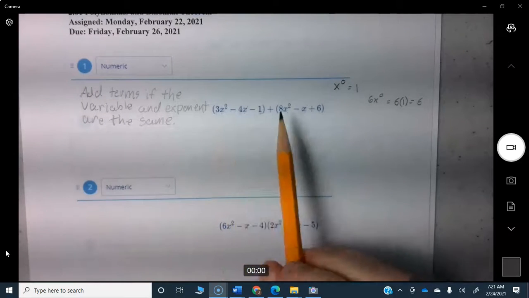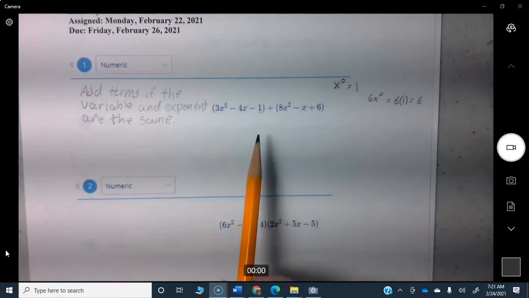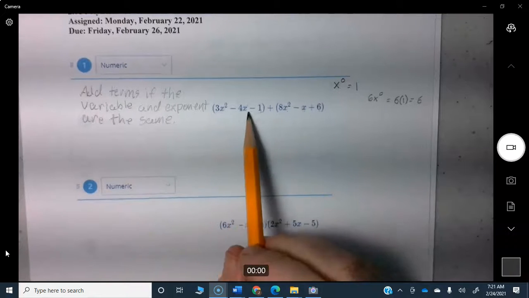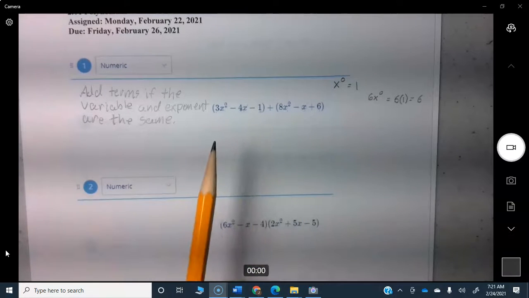So an x squared and this term x squared can be added. But the x squared and this term x cannot be added. Or the 4x and the 6 cannot be added.